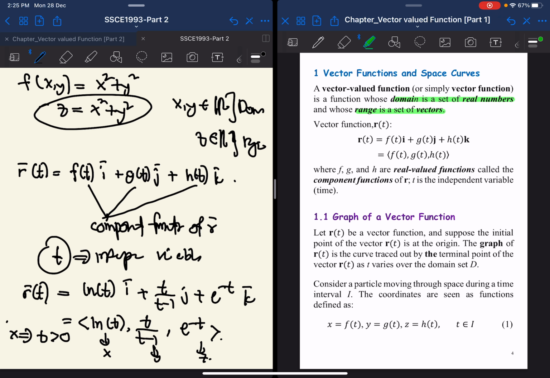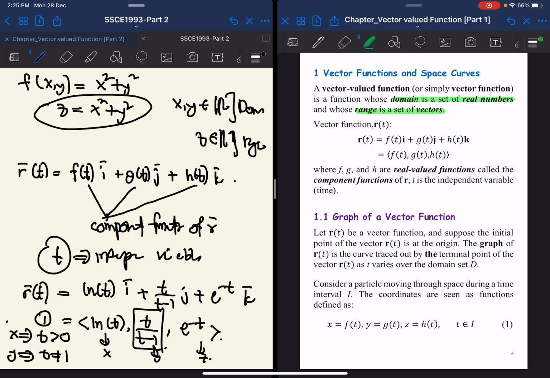This is the first condition that you should consider. Now let's see for y. For y we have t over t minus 1. Based on y, t cannot be equal to 1, if not it will be undefined. So the values of t cannot be equal to 1.